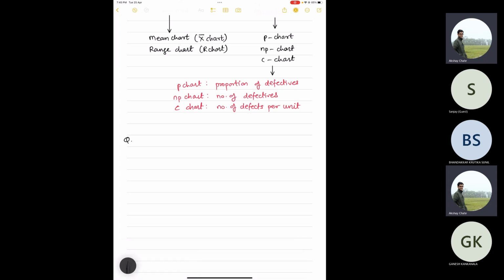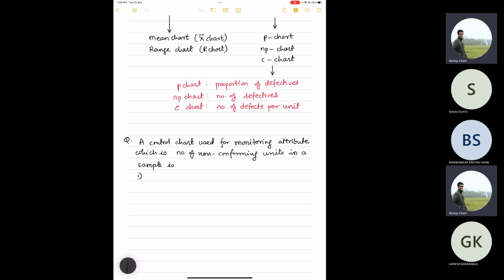So the question is: a control chart used for monitoring attribute data, which is the number of non-conforming units in a sample, is.